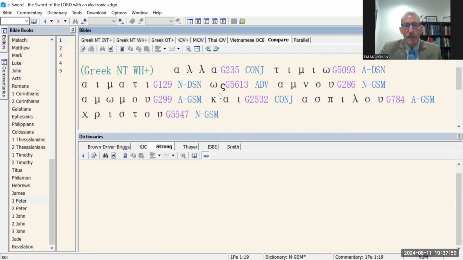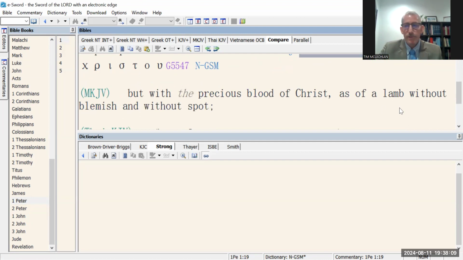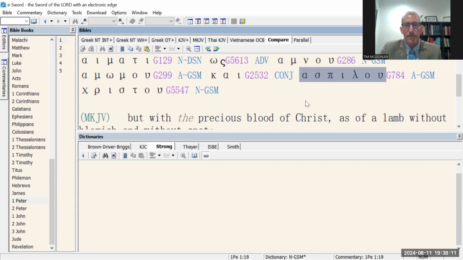Okay, and then just to finish off, we have kai, which of course you know as and, and then aspilou, and aspilou, I think they say, means without. So the first one was without blemish and without spot. I think that the meanings are quite similar until you get into the theological meaning. And the theological meaning, without spot and blemish, remember Jesus Christ: without spot means that he has no sin nature.